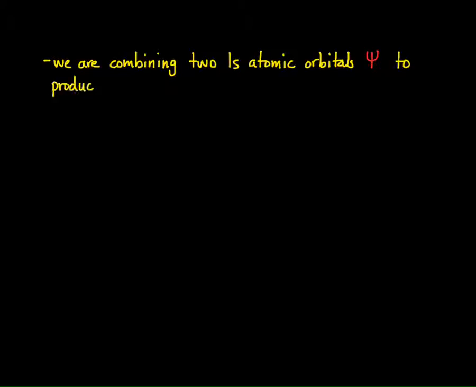In essence, we can say that we're combining two 1s atomic orbitals, which have a wave function to them, psi. And when we do that, we produce two new molecular orbitals, which we are going to call phi, right? So psi we denote as atomic orbitals.